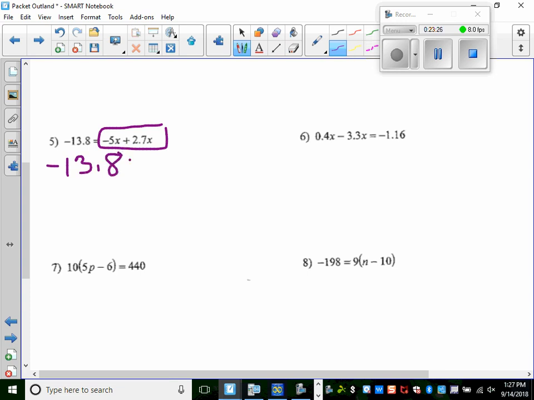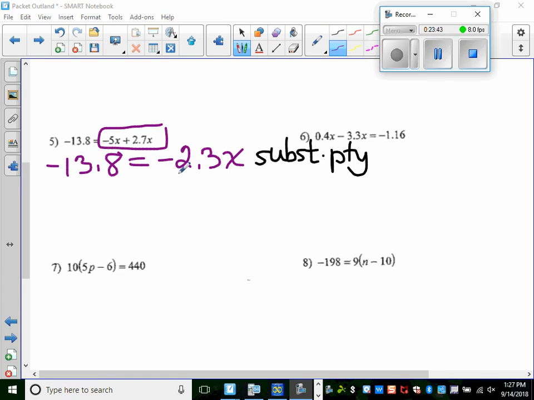-3.3x. What property did I just use? I combined some things together and came up with substitution. Very good, substitution property. All right, so we changed that to a -2.3 because actually that's 7. Now what are we going to do next? Divide. Okay, this is given.